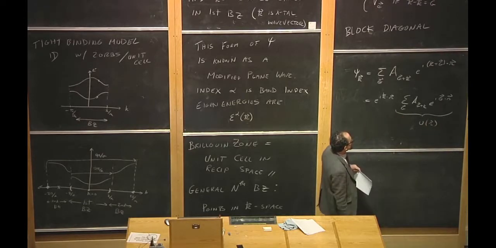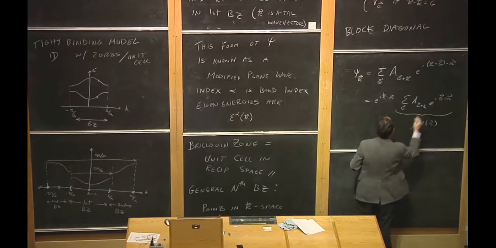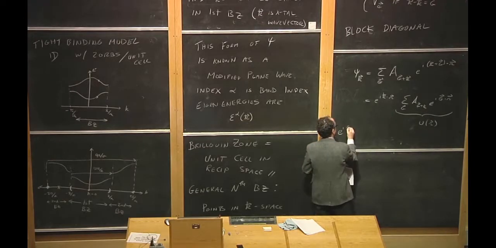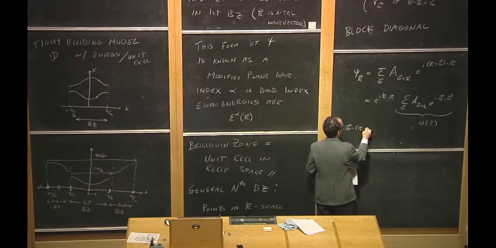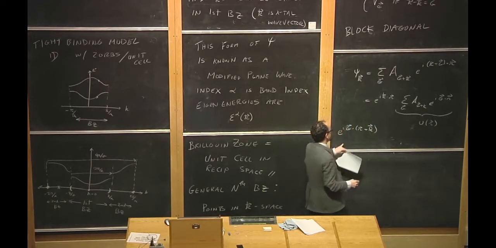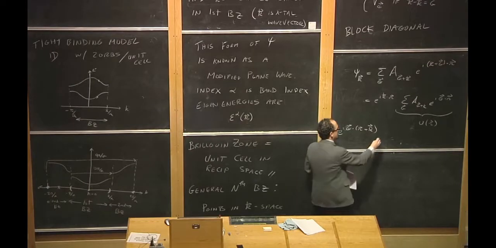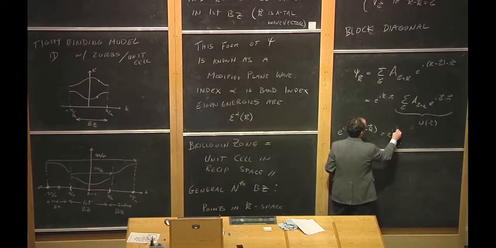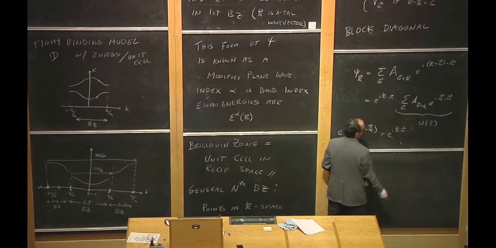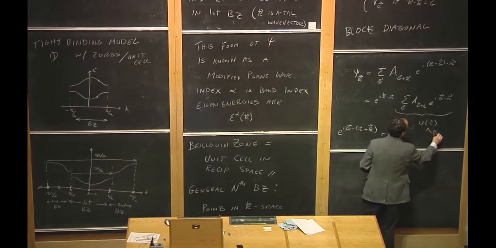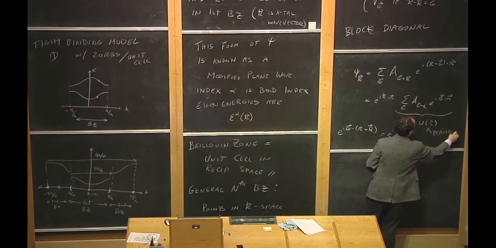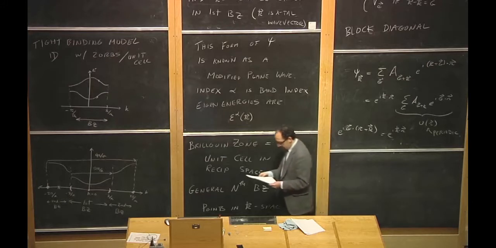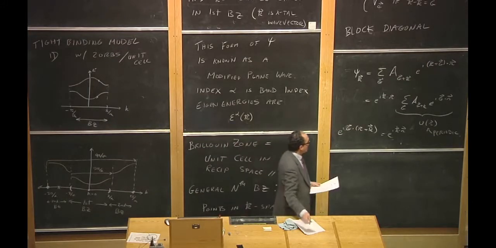You can tell this thing must be periodic, because if you take e to the i g dotted with r plus R, moving it by a direct space lattice vector, this thing is the same as e to the i g dot r. So this thing is periodic, as claimed.